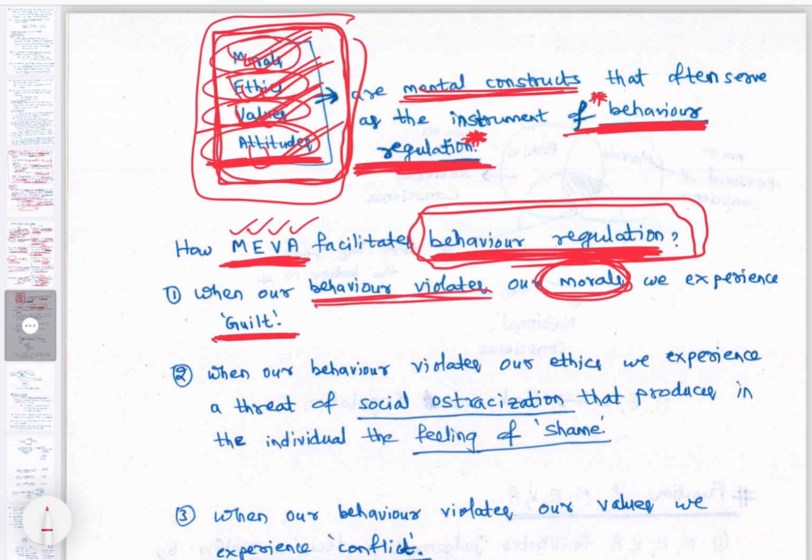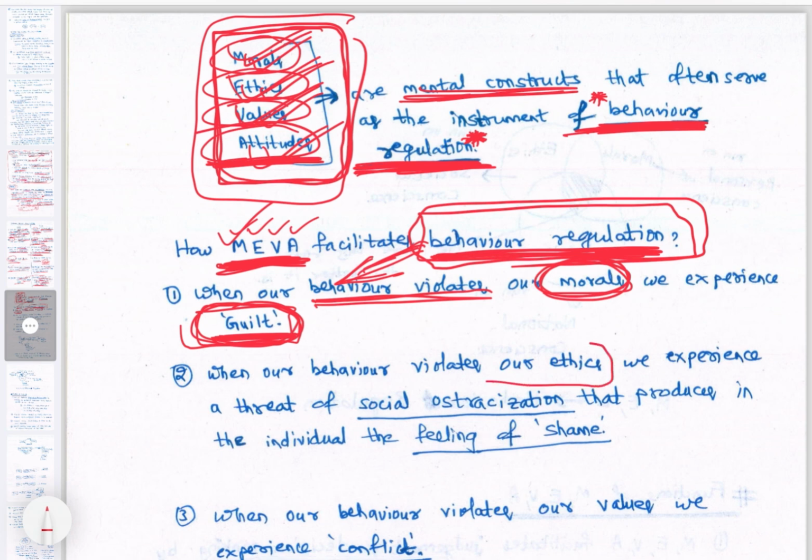If I violate that and consume alcohol, then I experience a sense of guilt. That is why, if I follow my morals, I will avoid guilt. That's how morals, ethics, and values facilitate behavior regulation.